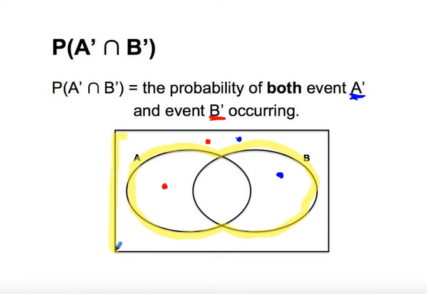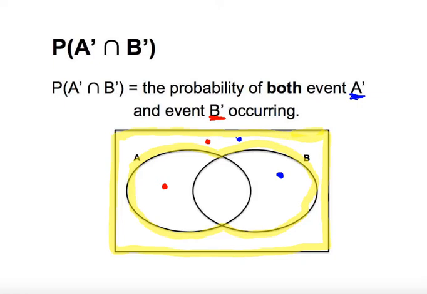The intersect is all of this region actually outside of A and B. So it's where both overlap and occur at the same time. Hope that made sense.